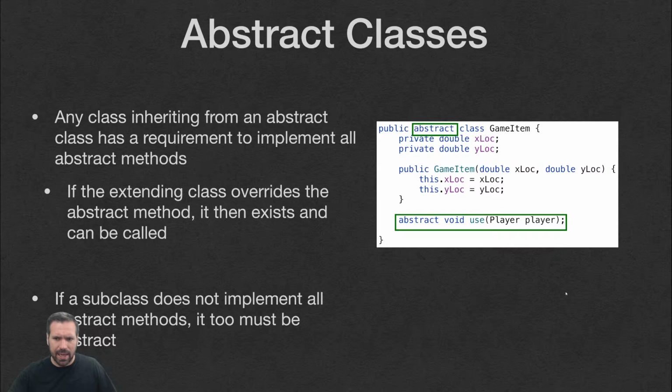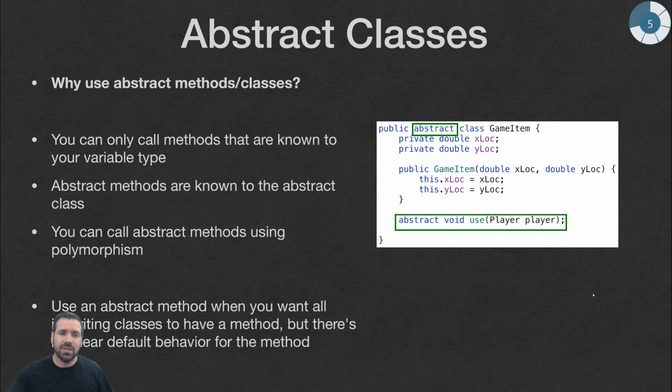If we have a class that has any abstract methods and we extend it, we either implement the abstract methods, and by that I mean override the abstract method. So I can override the use method, give it a definition, and now it's no longer abstract from my child class because there is a definition. When I go through my progressions, I find that definition, call that method, and I never find out that I inherited an abstract method. I never find out that it was abstract because I gave it a definition.